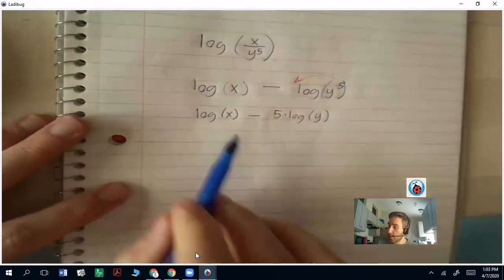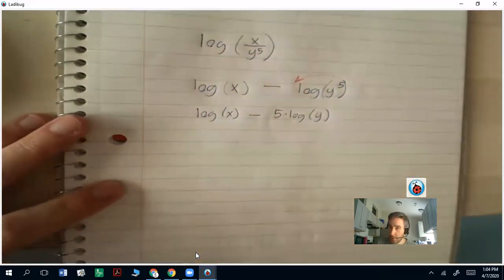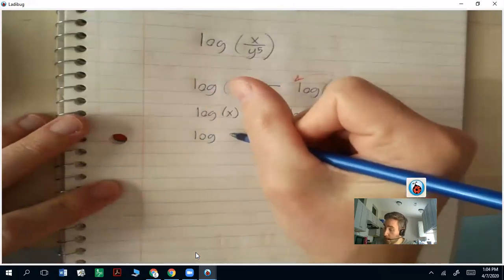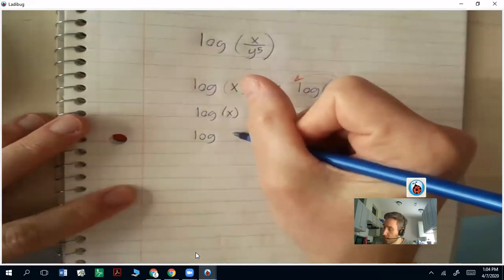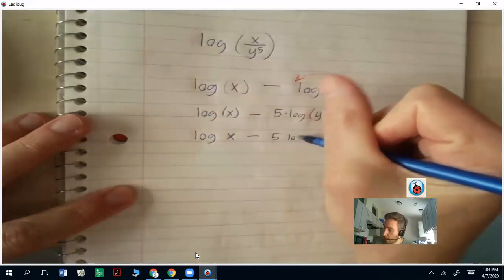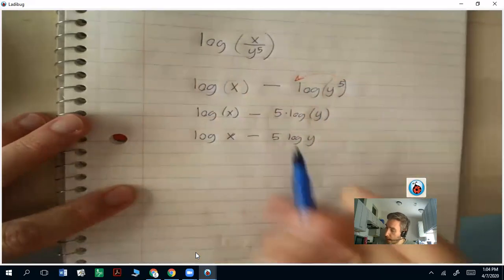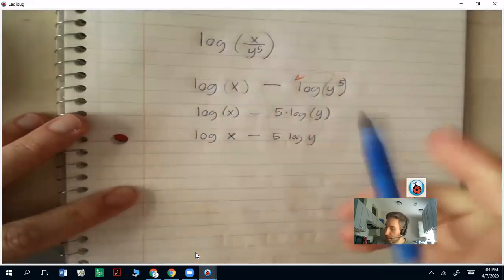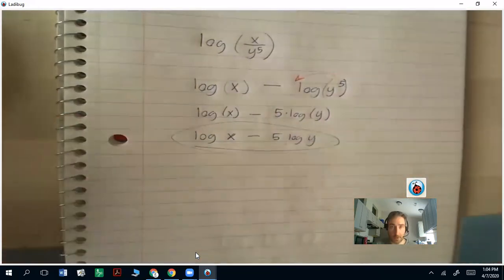Now, it's really not good practice to write those parentheses every time you do it. So you'll just type in, I think, I'll double check it. We'll do it this way first. Log of x minus 5 log of y. You don't need to type in a times or parentheses. It's going to recognize it based off of the way it's written here. So that's what I'm going to test first.